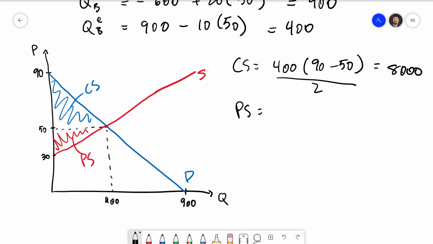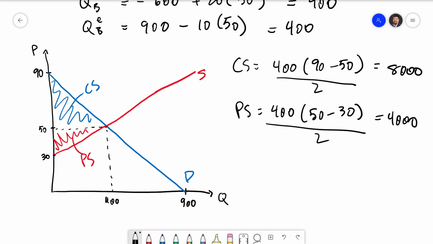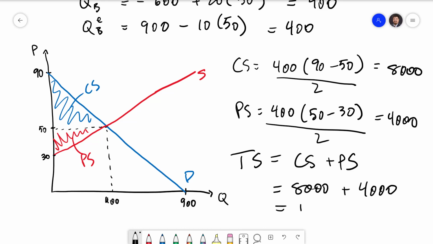Our producer surplus also has a base of 400, but a height of 50 minus 30, that's 20. Divide by 2, we get 4,000. Putting this all together, the total economic welfare in the market is measured by the total surplus, which is the sum of those two. So that's going to come out to 8,000 plus 4,000, which is 12,000.